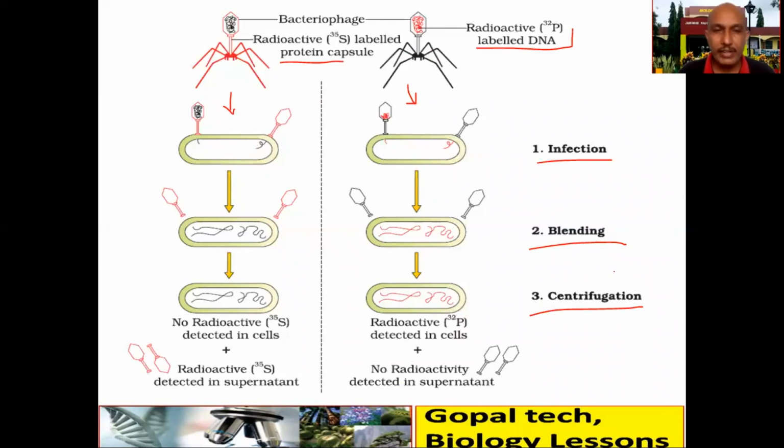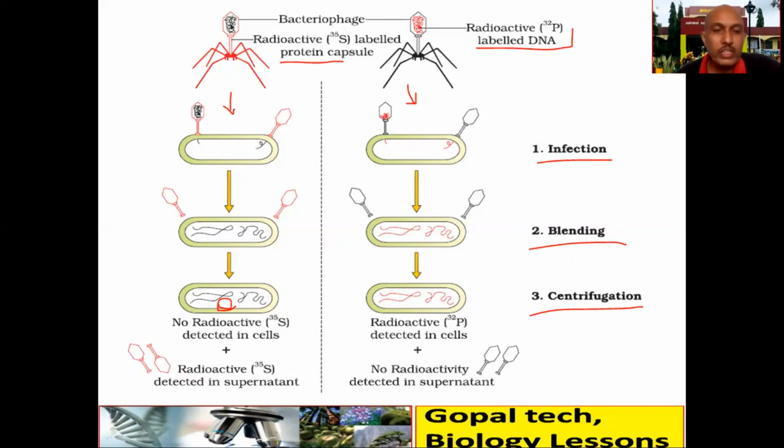And after blending, they centrifuge, and you can see the result here. No radioactive S35 is detected inside the cell. So nothing is found inside the cell. Means DNA is entered, but here DNA is not labeled with isotope, so therefore it is not visible.